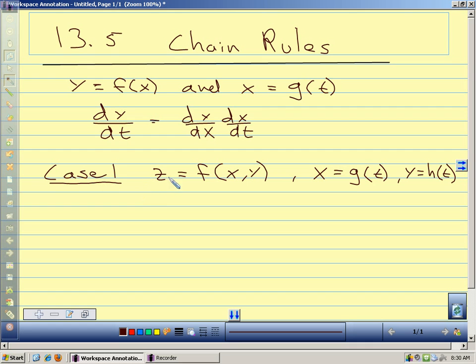So if we're taking our derivative of z with respect to x and y, we need to take into account how x and y vary with t.